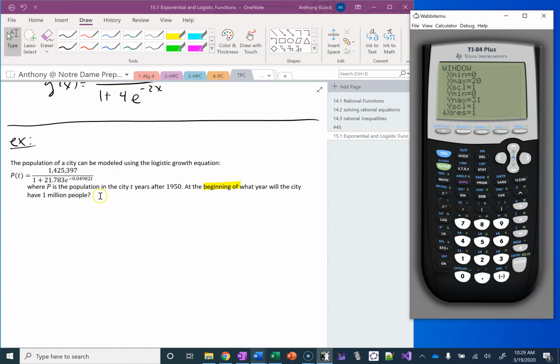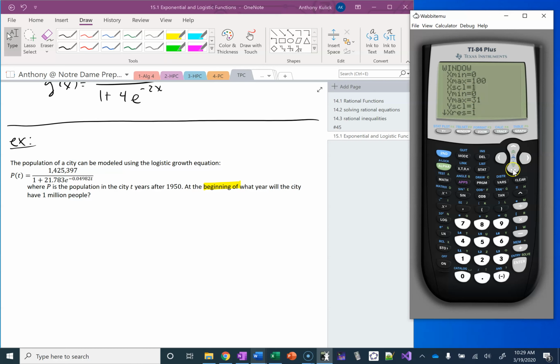Well, we don't really know what the starting population is like, or how fast it's going, so it's a stab in the dark. I'm just going to pick 100, which should be big enough to capture it. And really all I need is a window good enough that I can see the intersection. As long as I can see the intersection, I'm fine.